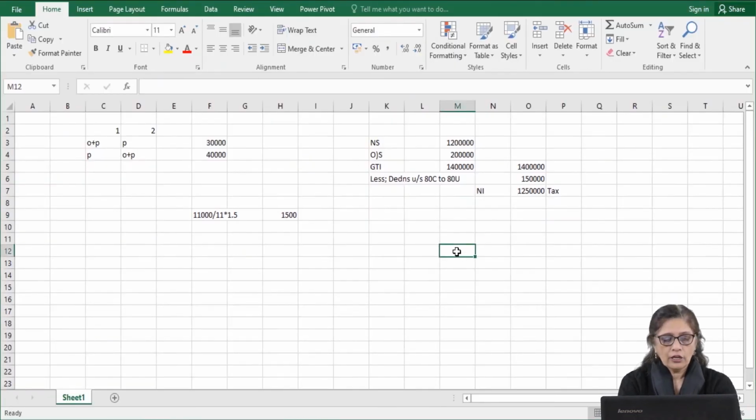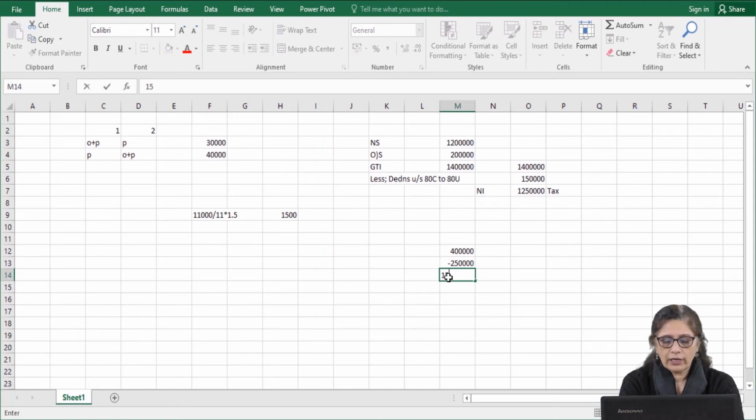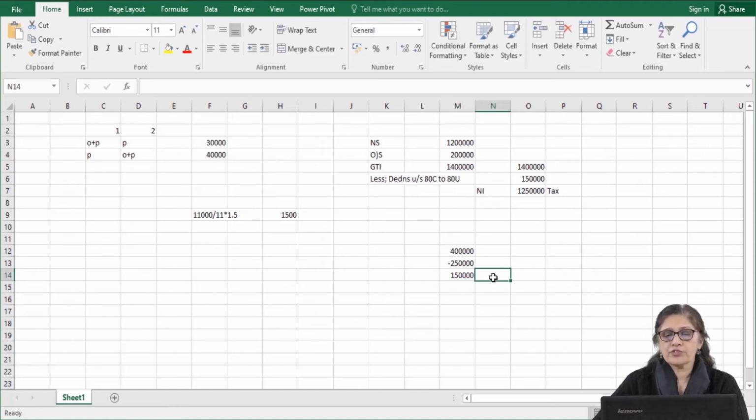So let's say your income is 4 lakhs. On this 4 lakhs, 2,50,000 is the first slab, exempt from tax. So you are left with 1,50,000. And on the next 250, we have a tax of 5%.